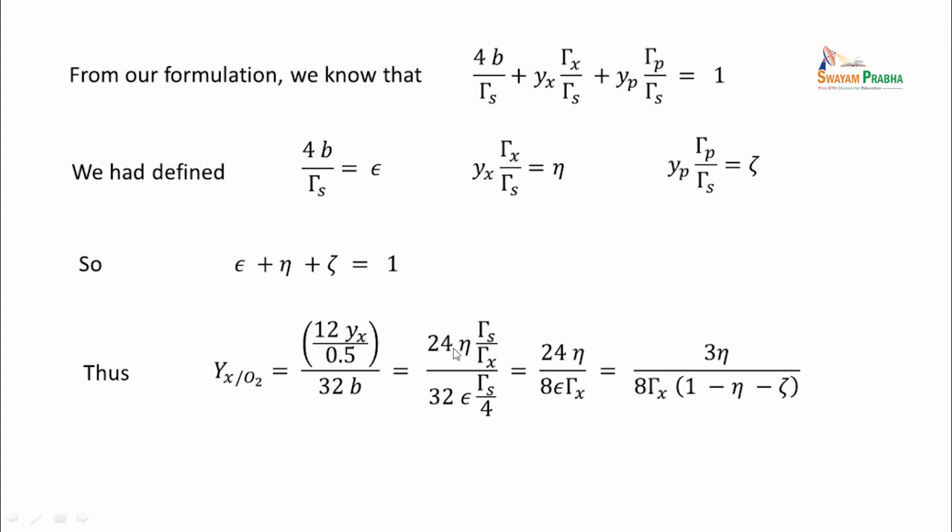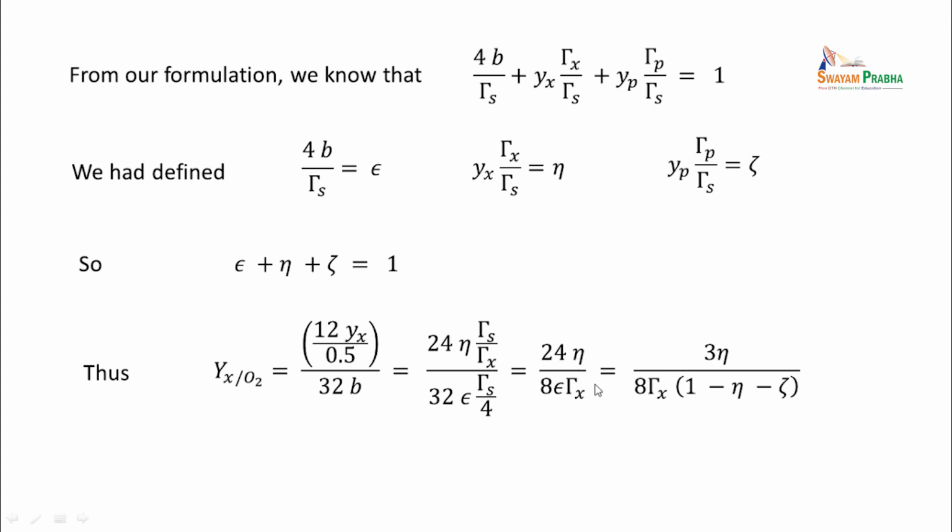This is eta gamma S by gamma X. This is shown. 32 here. Epsilon gamma S by 4 is shown. 4 times 8 is 32. Yeah, that's what I meant. So 24 eta by 8 epsilon gamma X. The gamma S's would get cancelled here. So this is what remains here.